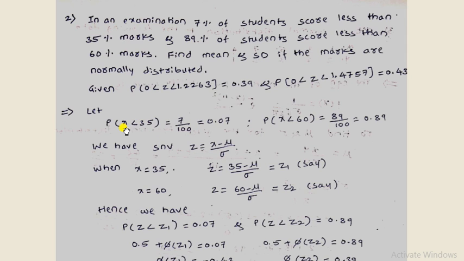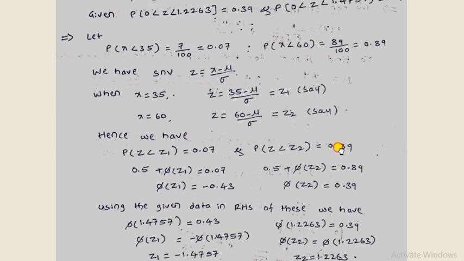Now use the first term: probability of X is less than 35, in place of X and 35 take Z and Z1, which is equal to 0.07, and in place of X and 60 take Z and Z2, which is equal to 0.89.